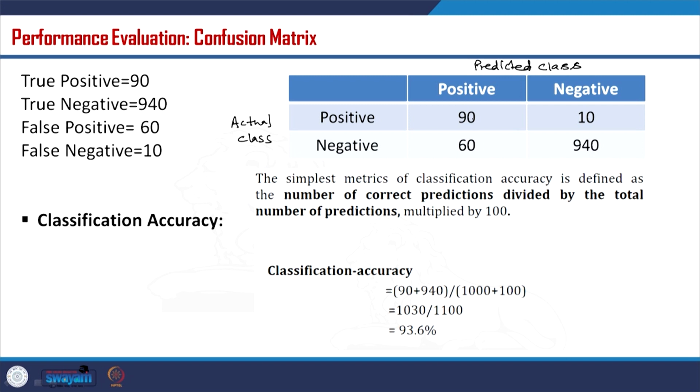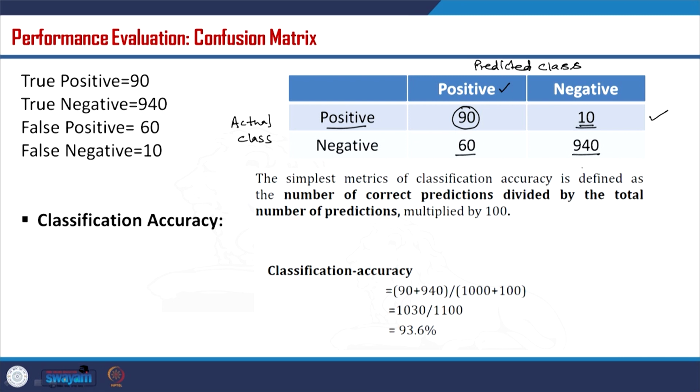This number is your true positive, meaning actually positive and classified into the positive class, whereas this is the number that is actually positive, because the first row belongs to the actual positive one, but predicted into the negative one. This is actually negative and predicted as negative, and this number is your false positive, meaning these are actually negative samples, but predicted in the positive class.